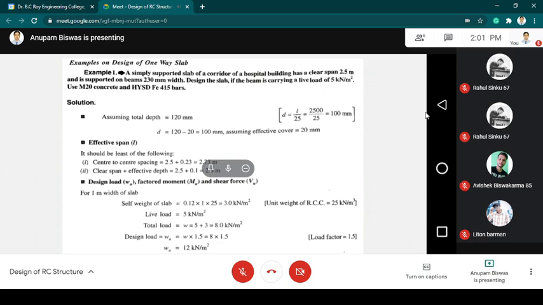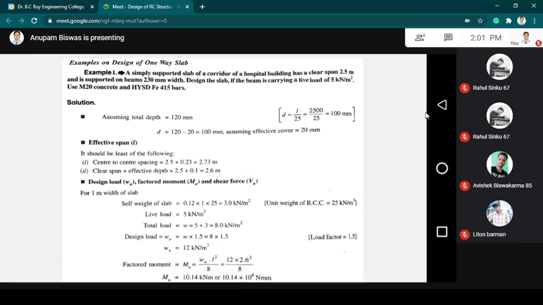So the first step is the assumption of total depth for the slab. We know that a slab is a thin section, so the criterion for a simply supported slab is L by 25.